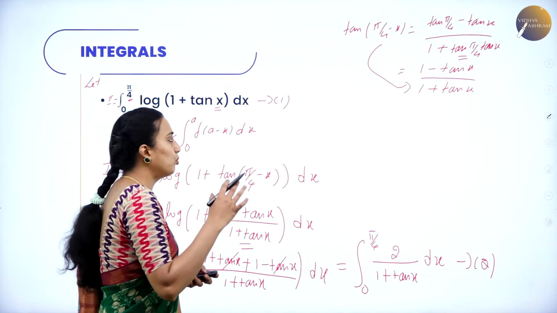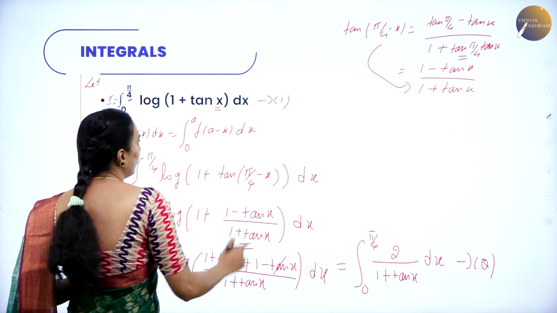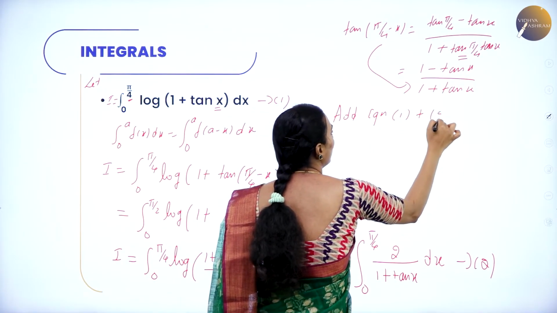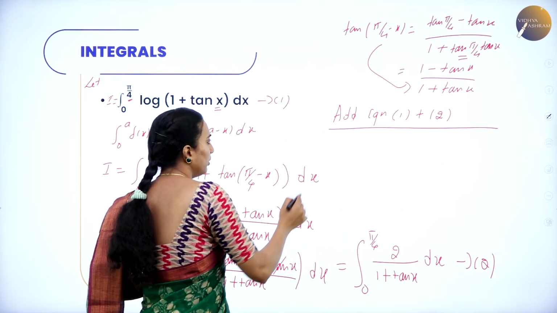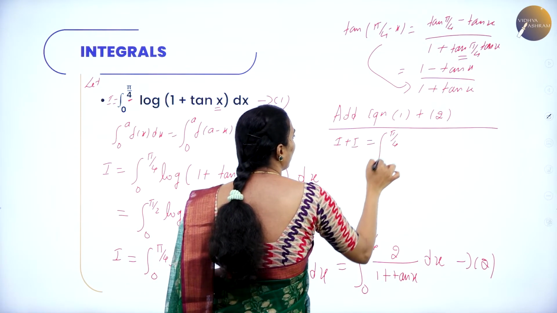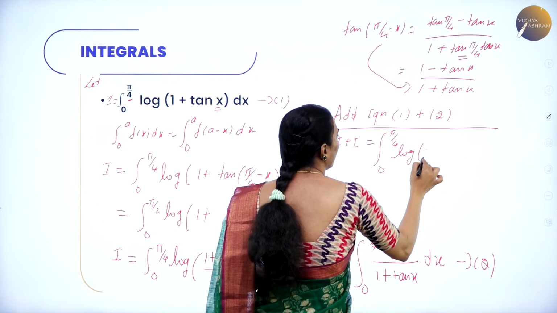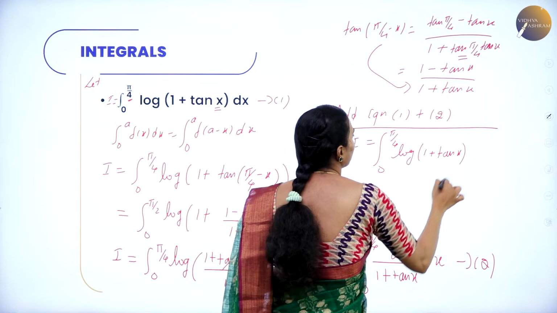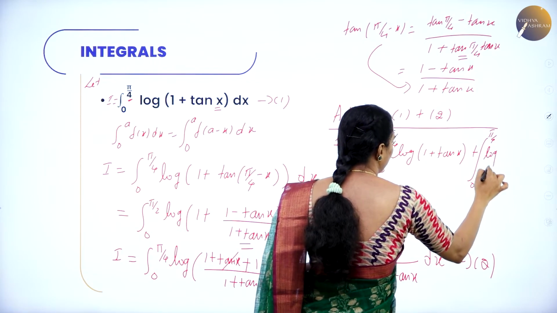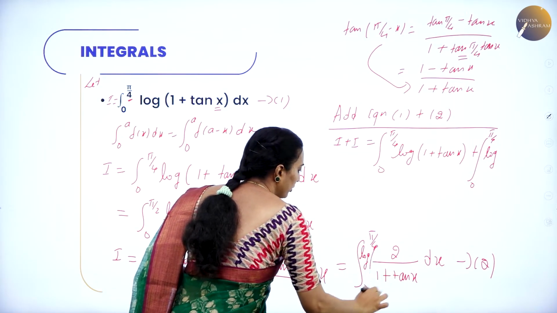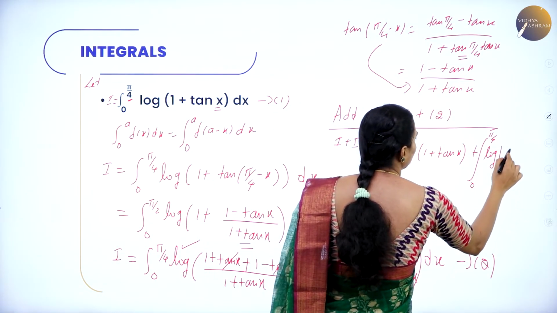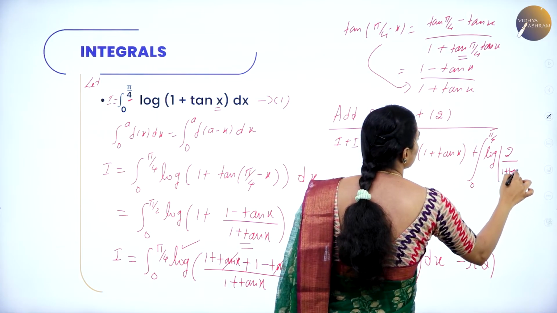After calling this equation as 2, add equation 1 and 2. So adding equation 1 plus 2, what will it give you? I plus I will become 2I, integral 0 to pi by 4 log of 1 plus tan x plus integral 0 to pi by 4 log of, sorry, I forgot the log here, because I am having log here, log of 2 divided by 1 plus tan x.